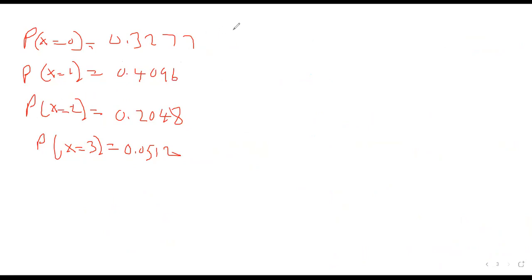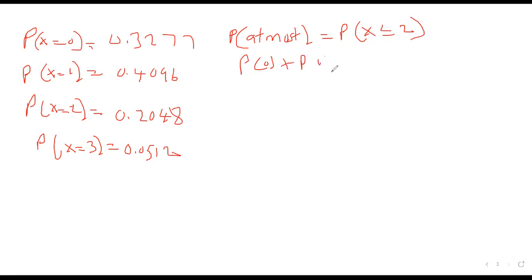Now, what if we are told at most 2? At most means that number and below. So at most 2 means what? Probability x is less than or equal to 2. We are talking about starting from 0, 1, and finally 2.